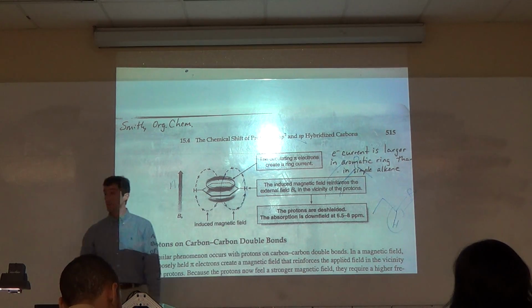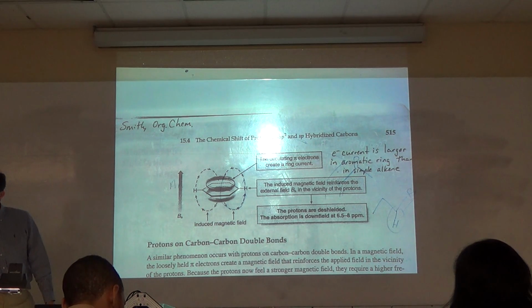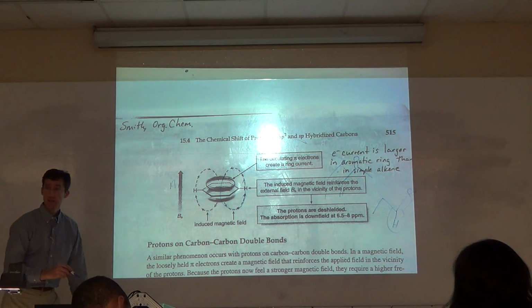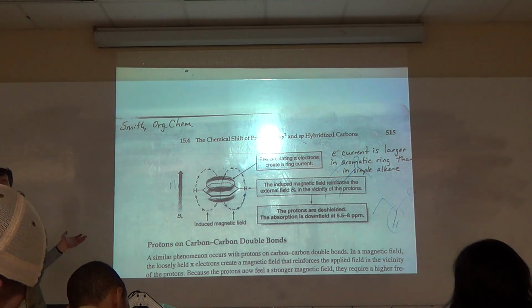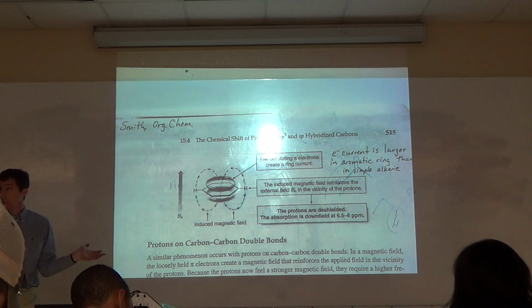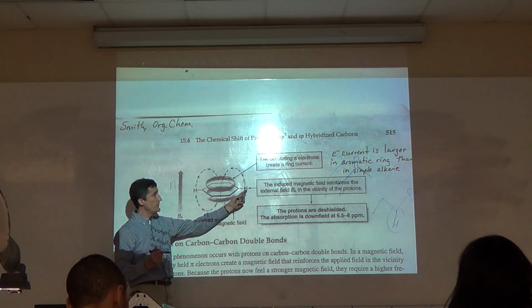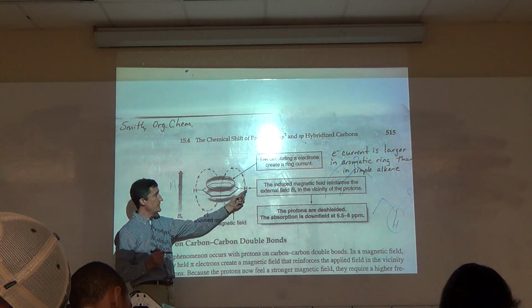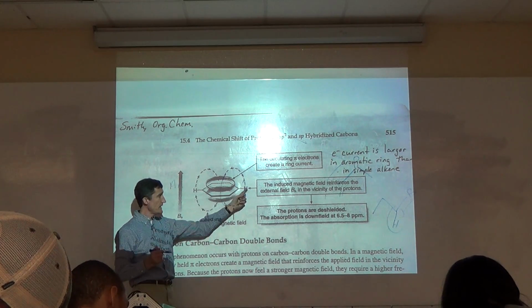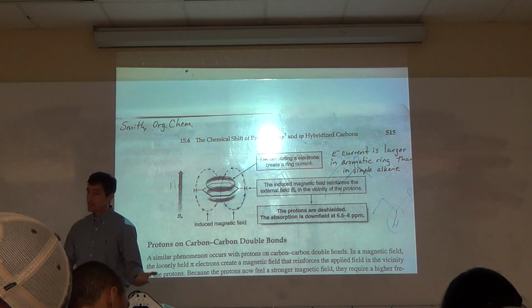Actually adding to it. It's not opposing. And adding to it is shielding or deshielding? It's a deshielding effect. That's like going out and instead of putting on sunscreen, you put on something that gives you more sun. So this is why the H is actually more downfield, because it's out there where it's being deshielded.